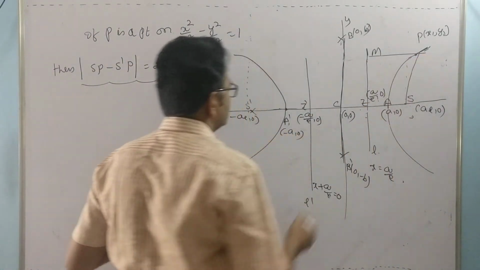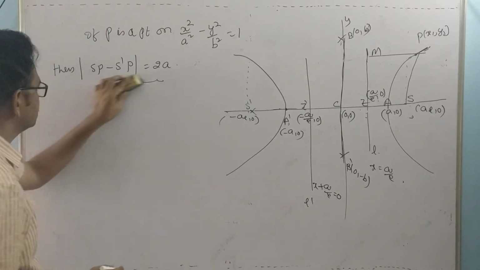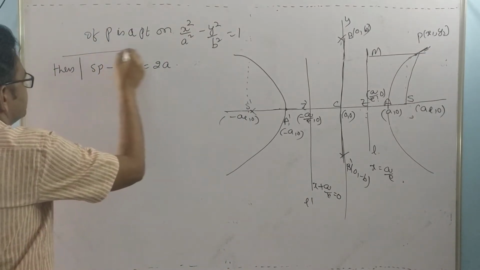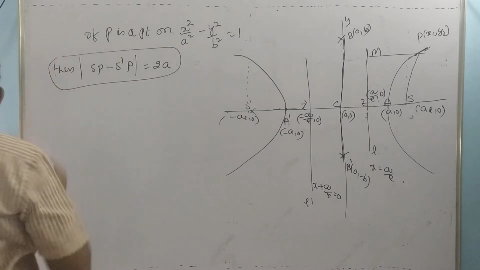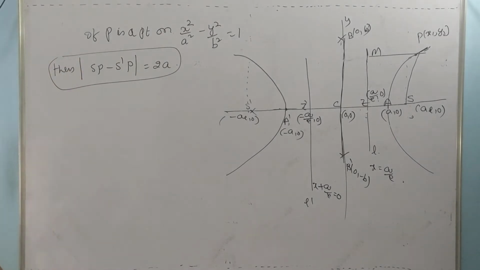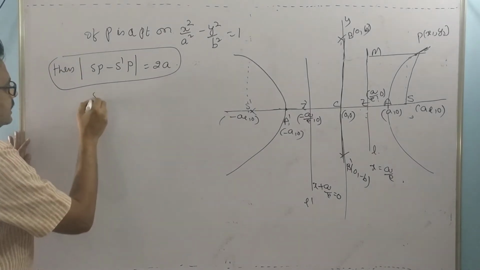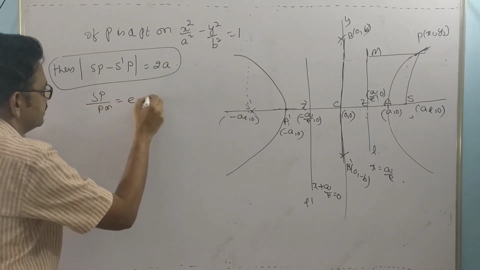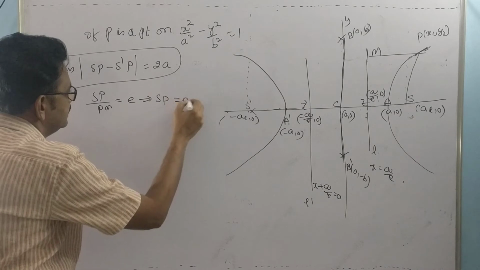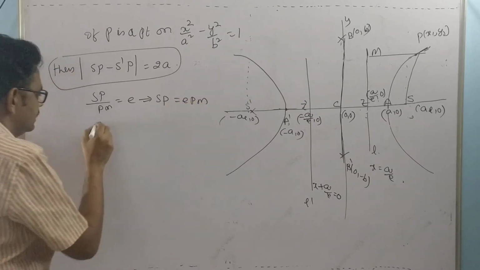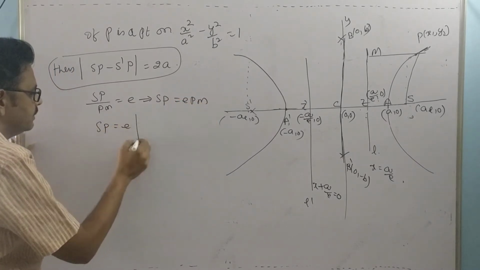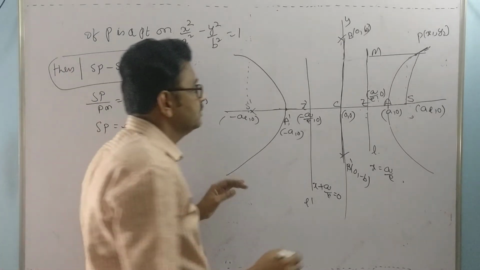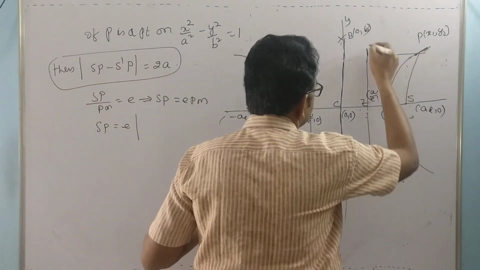By the definition, SP by PM is equal to e, which implies SP is equal to e times PM. PM is the length of the perpendicular from the point P (x1, y1) to the directrix.